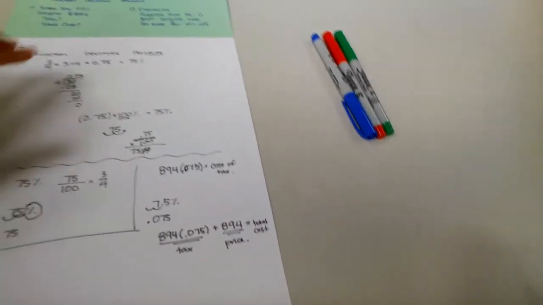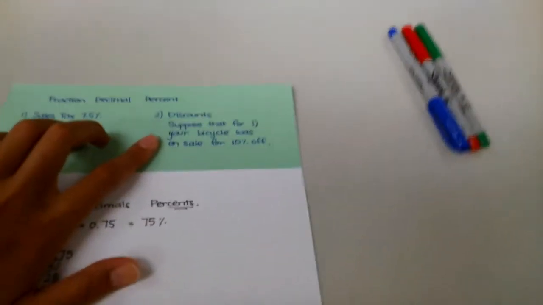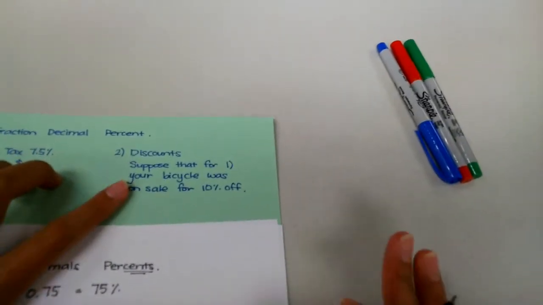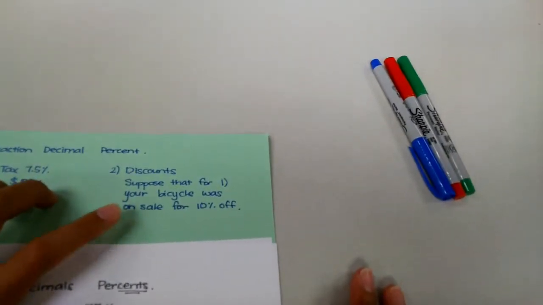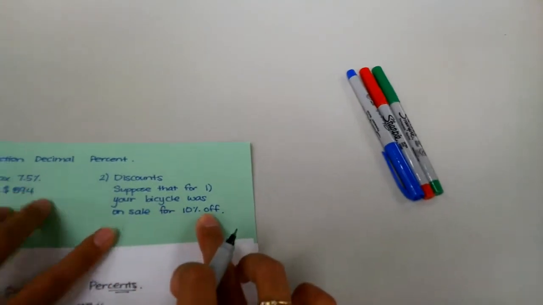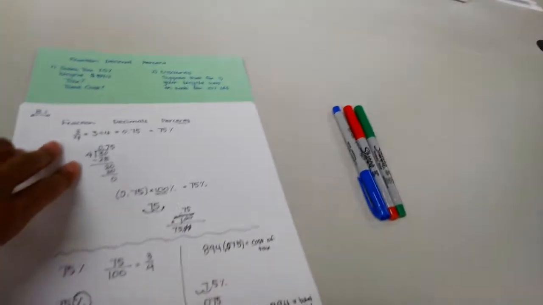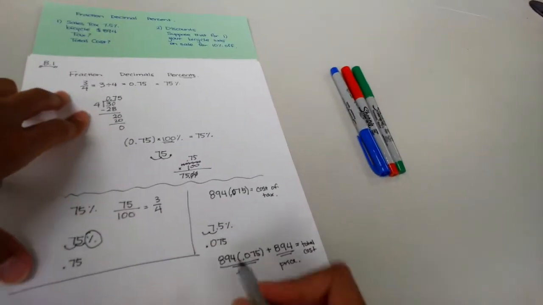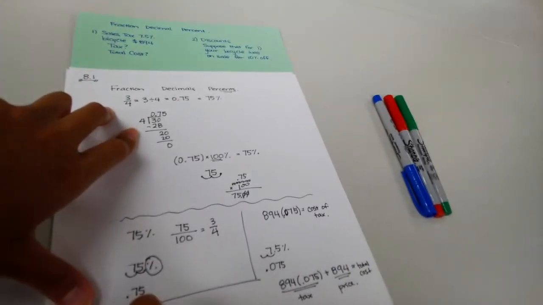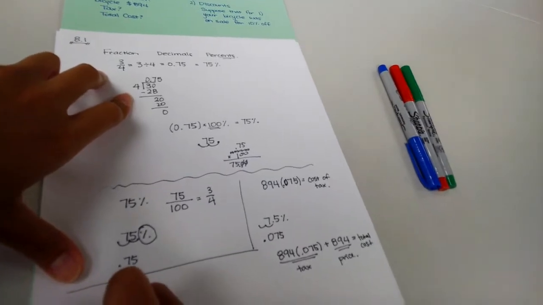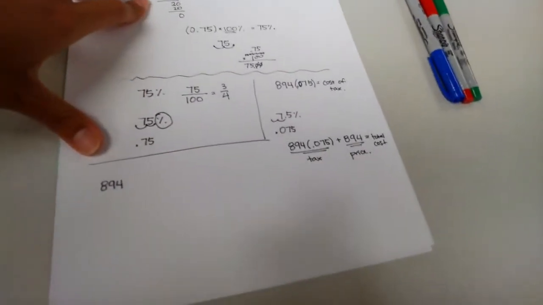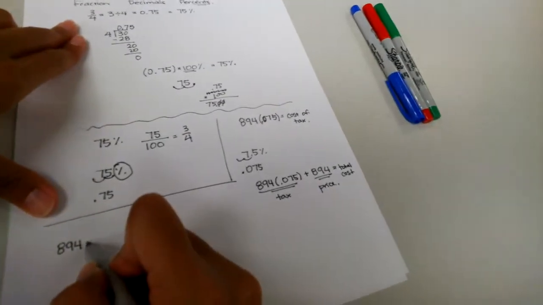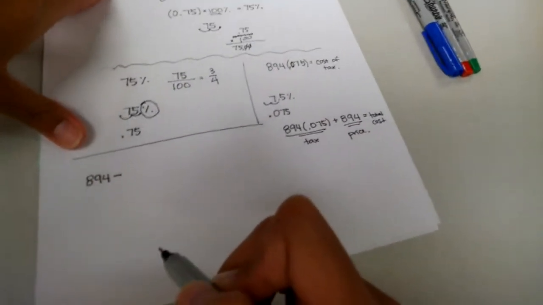On the other hand, the number 2 that I have here, if you could see, is suppose that we have the same situation as 1, and your bike was on sale for 10% off, right? So not only do we have to calculate sales tax, and we'll do that at the end, we're going to discount it first. So the cost is $894, but it's at 10% off, right? So if it's a discount, we should be subtracting.